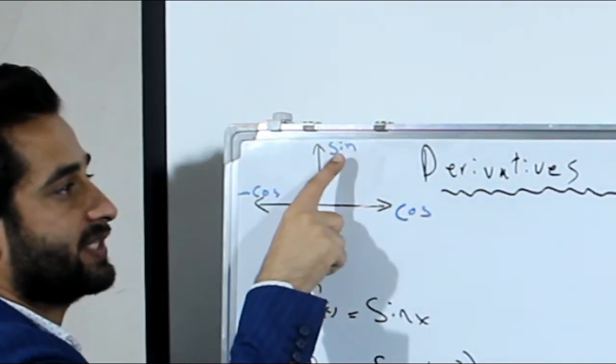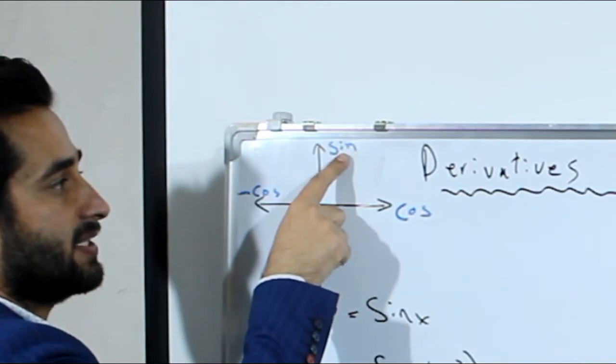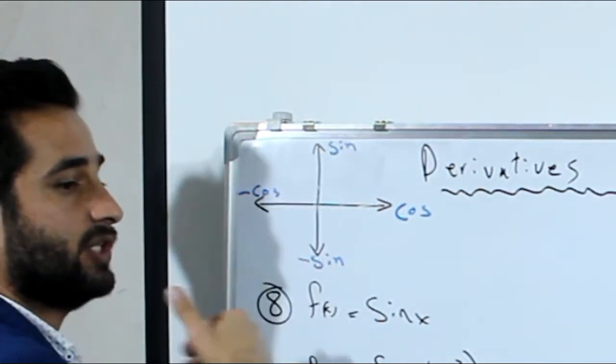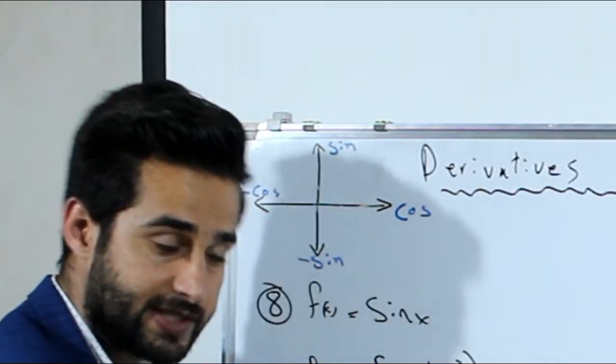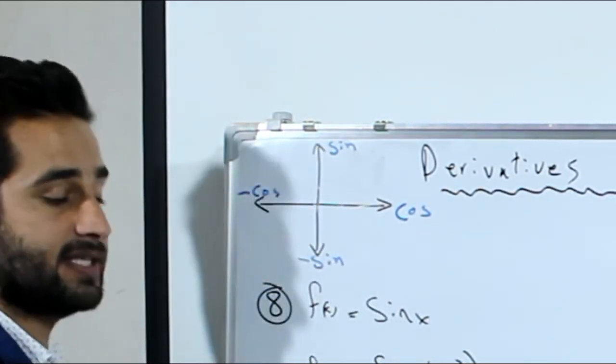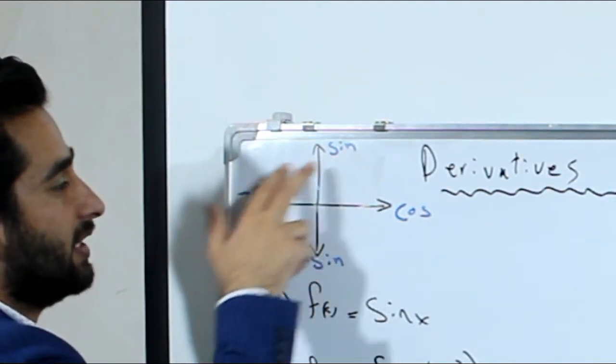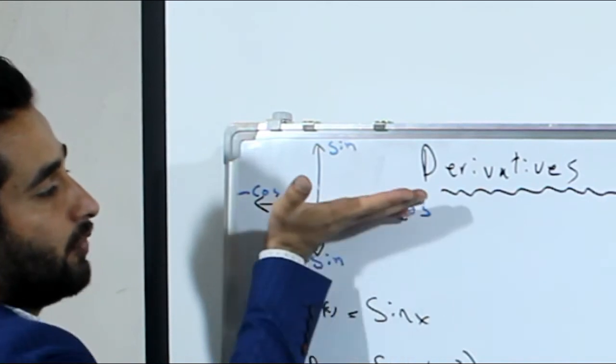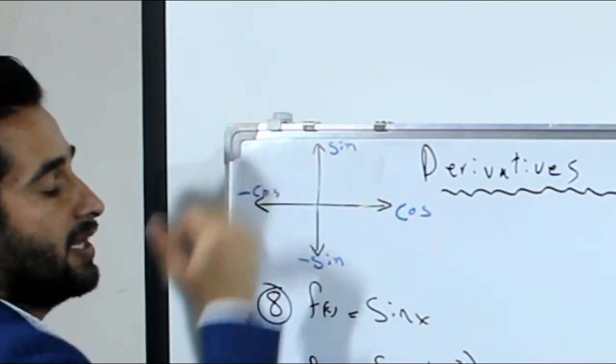What's the integral of sine? We have to go in this way because this is 90 becomes 180 and integral means increasing. So the integral of sine is minus cosine. What's the integral of cosine? For the integral of cosine, this is angle 0 and increase, it becomes sine.